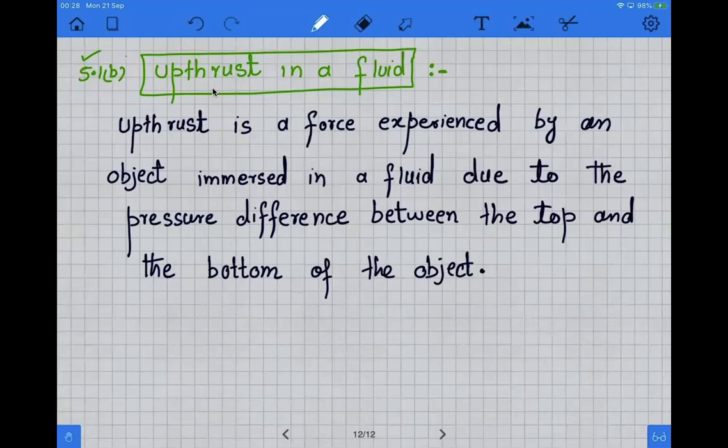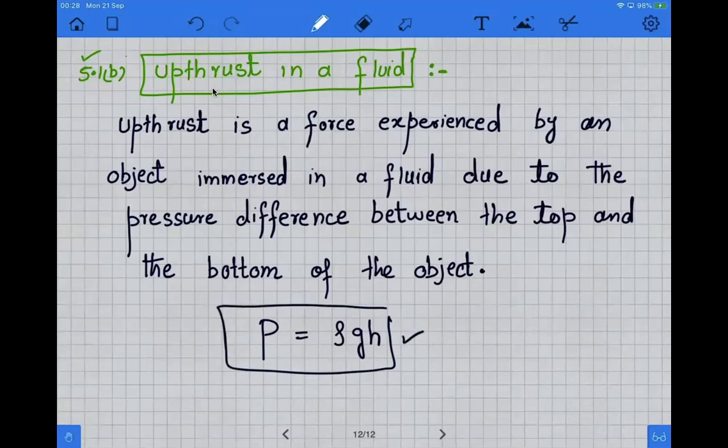pressure in liquids, we use the formula P is equal to rho GH. Actually, this is pressure difference, yet you can call it pressure. So, the formula for pressure that we use in fluids generally, typically in liquids, is rho GH.